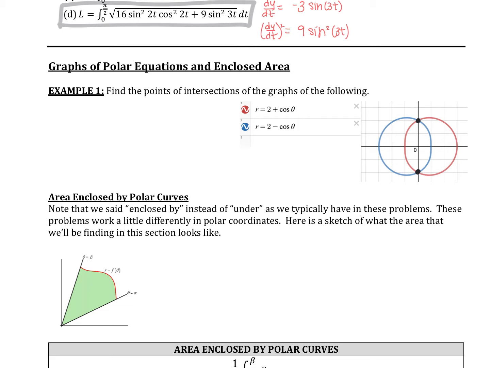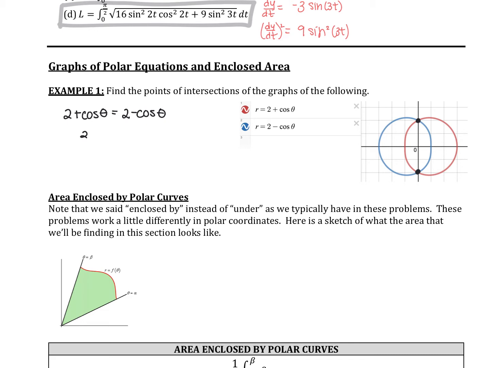And truthfully, the easiest way to do that is just to set the two equations equal. If r equals 2 plus cos theta and r equals 2 minus cos theta, then we have a pretty easy equation where 2 plus cos theta equals 2 minus cos theta, and then we get the numbers on one side and the cosine functions on the other.